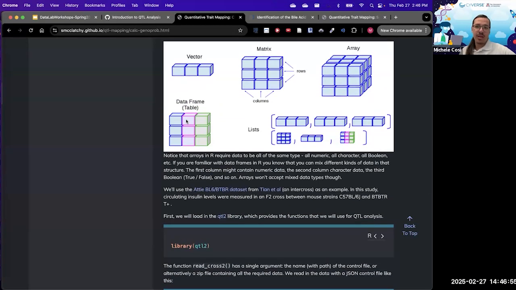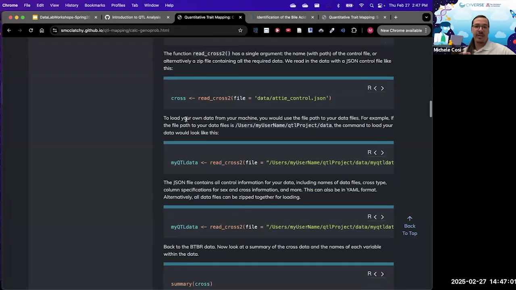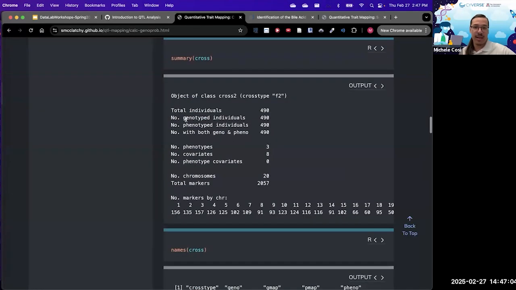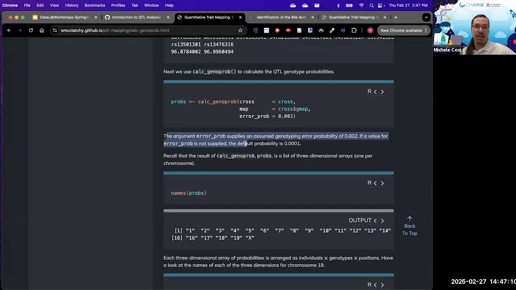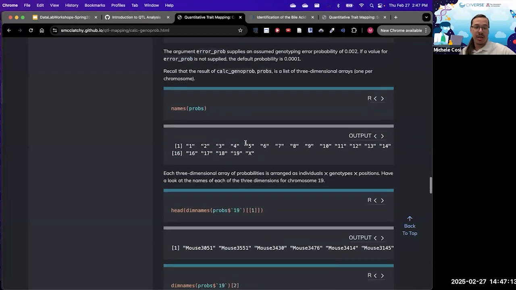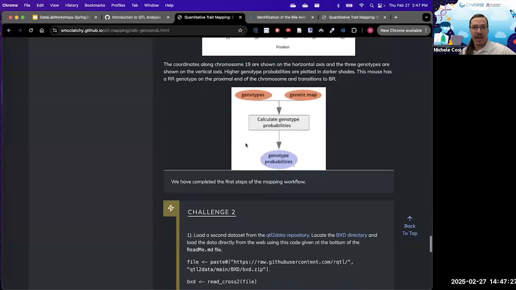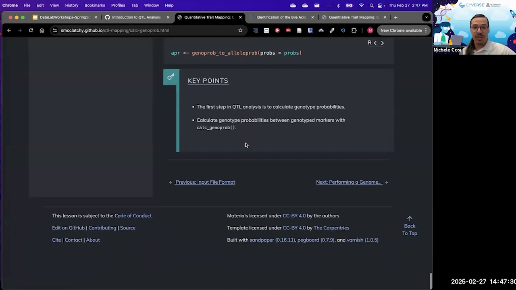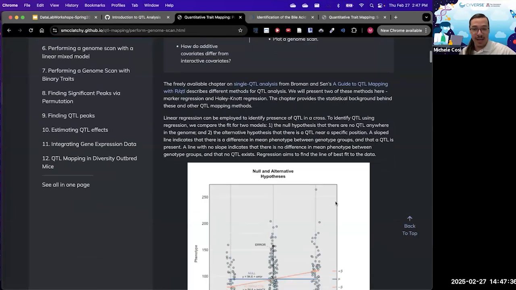I could sit down and go through every single piece of code that they give you, but it may be a little redundant, as they do explain what is going on. Maybe in the future, I will make a series covering QTLs in a lot more detail and actually use this code, explaining what is going on. But for right now, the idea would be for you to go home and try this out yourself.